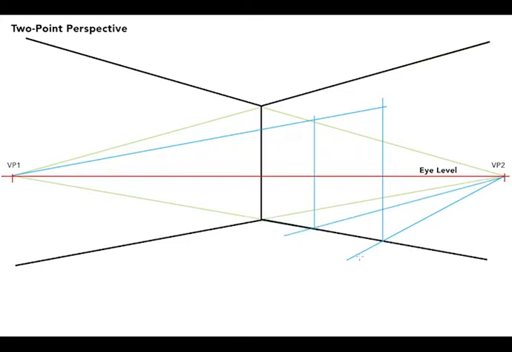From here, you decide how deep you want your bookcase to be and draw a line extending it to VP1. So here you see the base of the bookcase on the floor. We will continue drawing the rest of the panels.